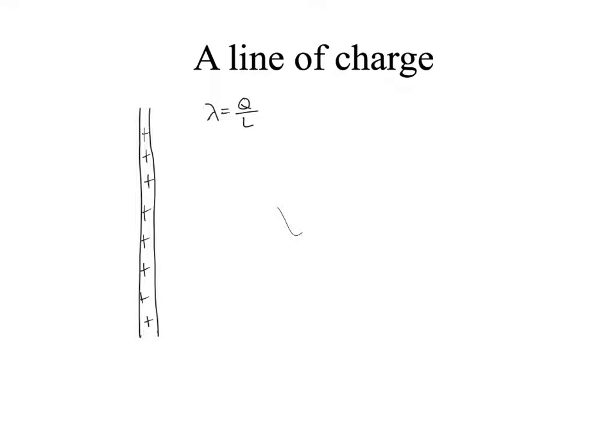And if we imagine the electric field is coming out in all directions, it might make more sense if I do a top view. And if we look at it from the top, the electric field would be coming out like this.